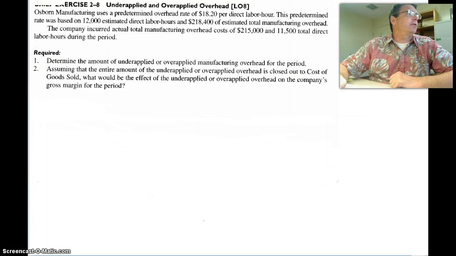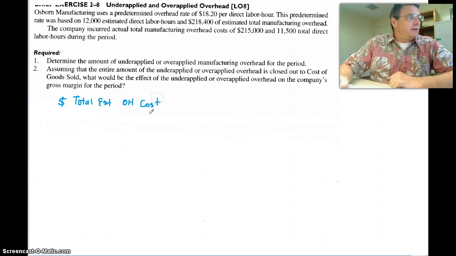The predetermined overhead rate is calculated as total estimated overhead cost divided by total estimated allocation base.